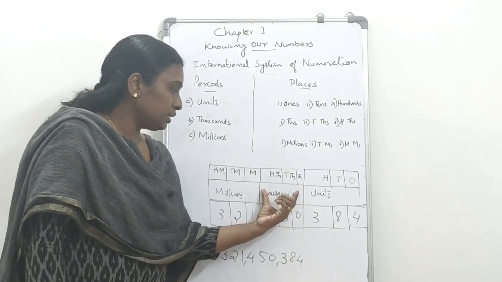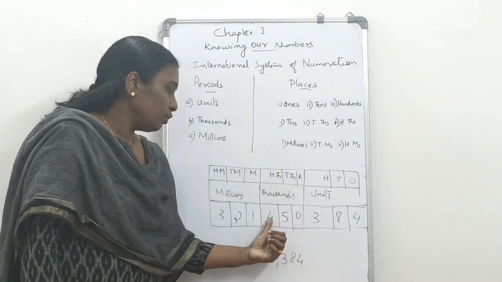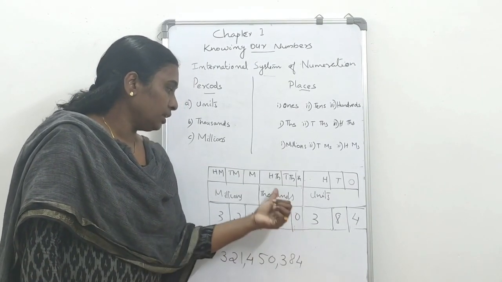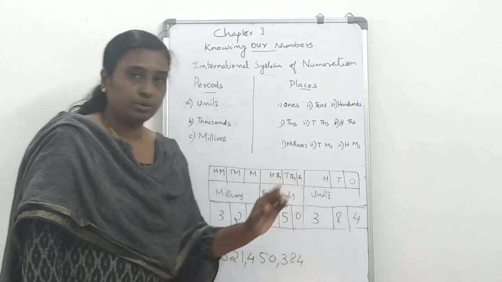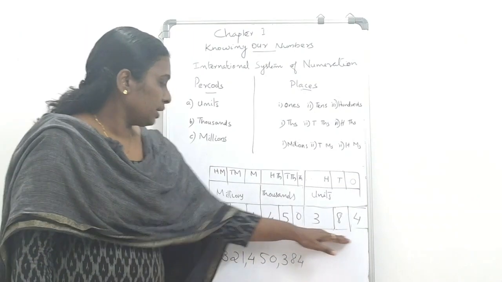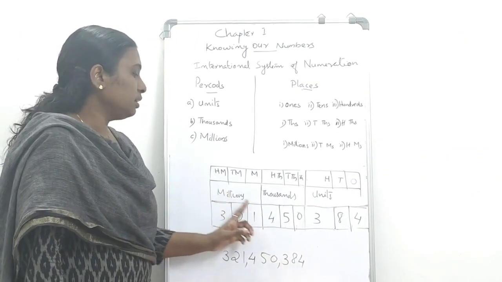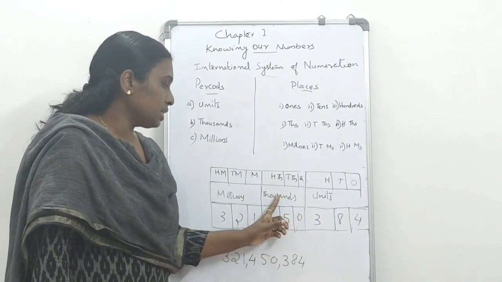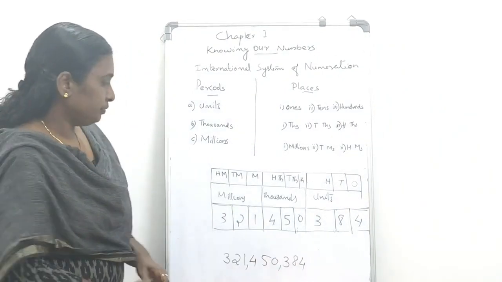Consider this period, the number is 450. So, 450 thousands. Here, 384. So, this number can be read as 321 millions, 450,000, 384. Okay, clear?